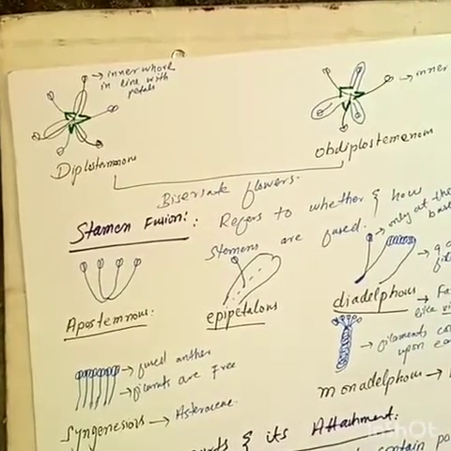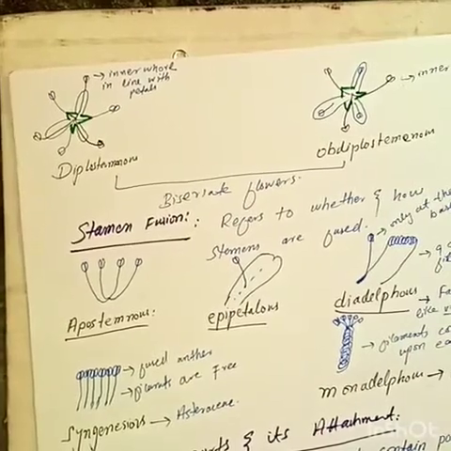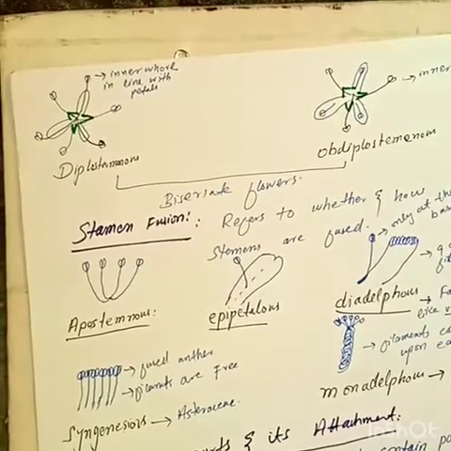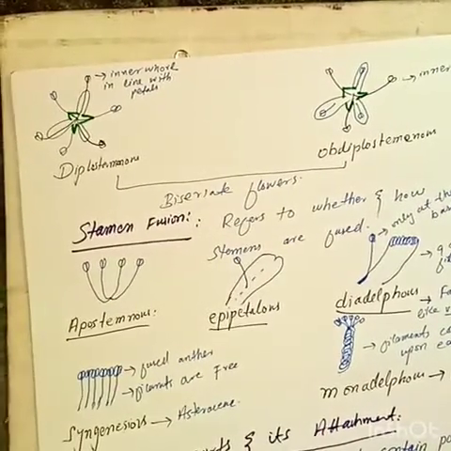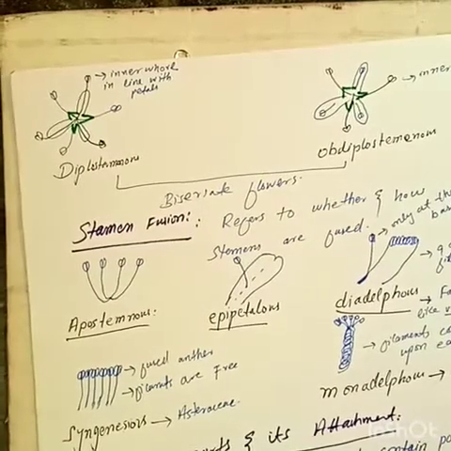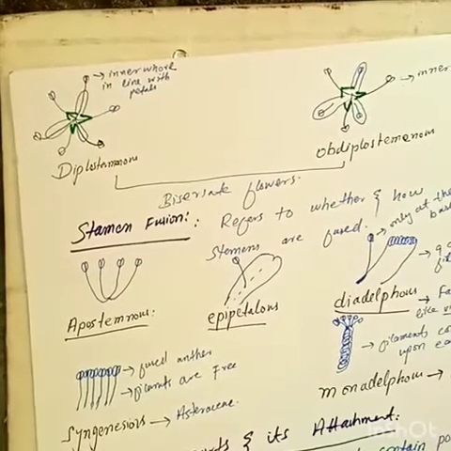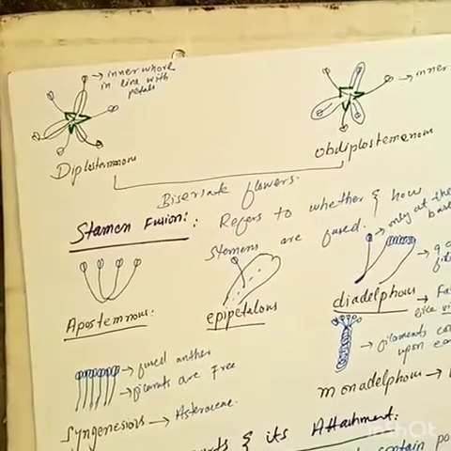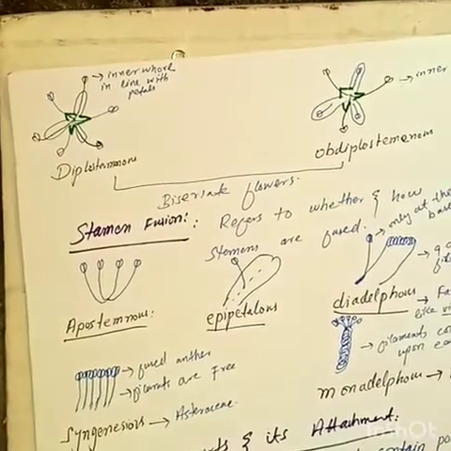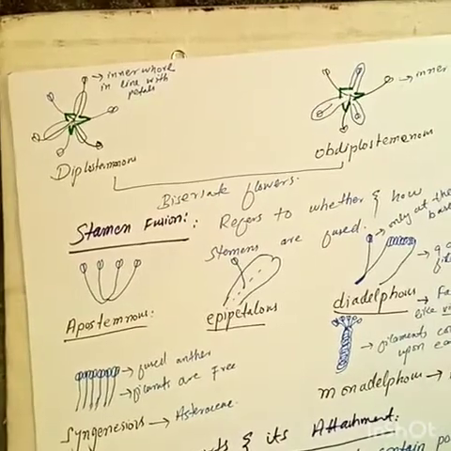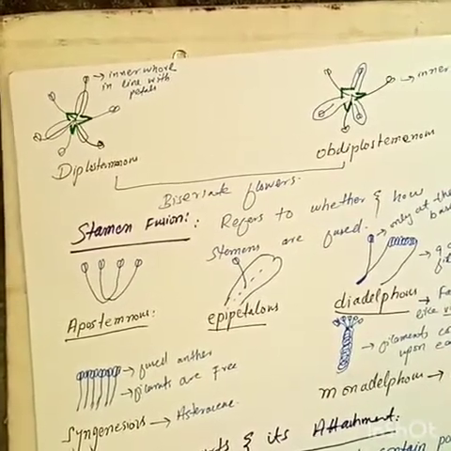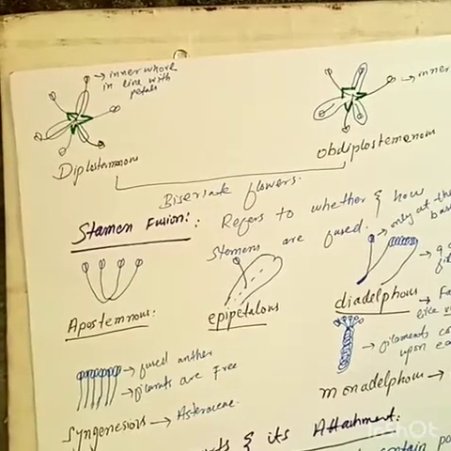Anther consists of two compartments, and each one is called a theca. There are two in number in an anther, plural thecae.